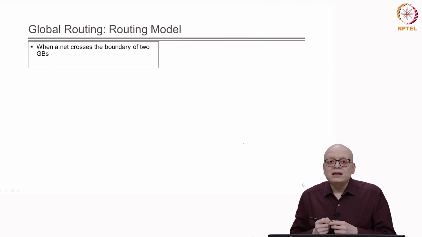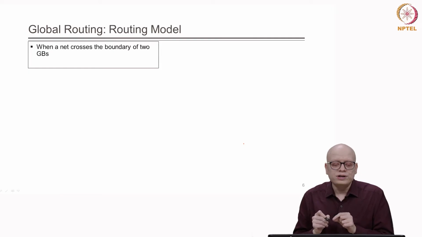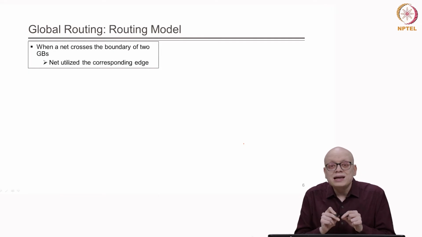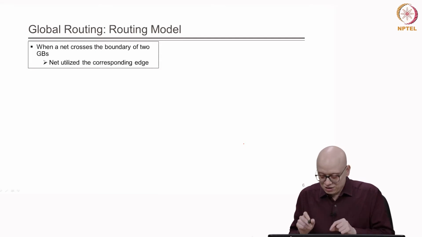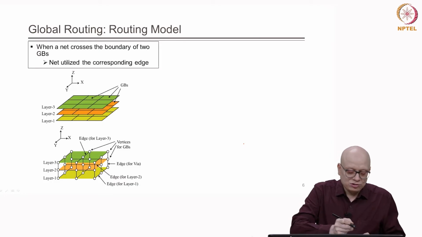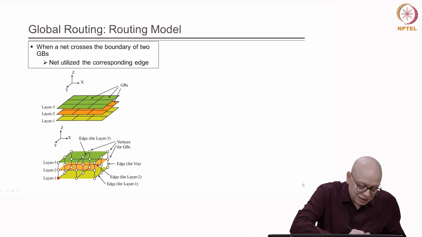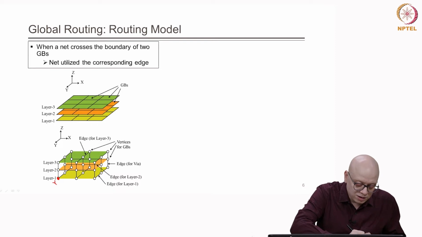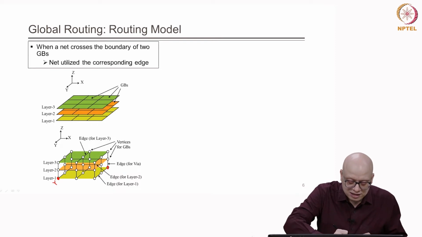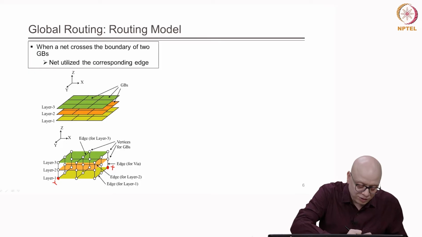Now, when a net crosses the boundary of two GBs, then we say that the net utilizes the corresponding edge. For example, we saw that this was the starting point, this was one pin and this one was the other pin, and we created a path on this grid graph.